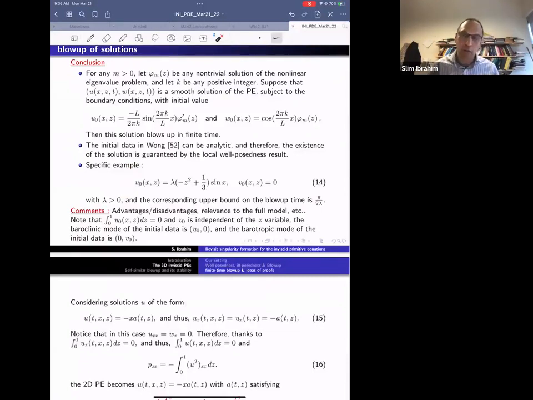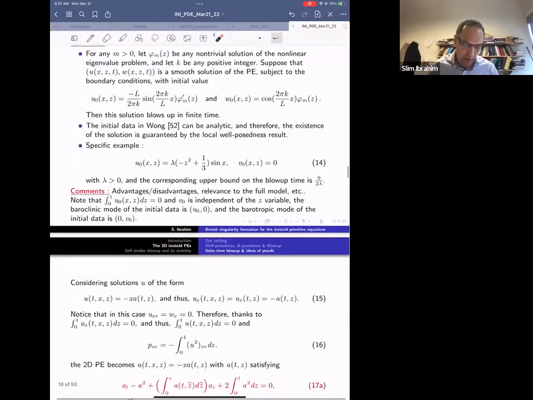Because if you want to look for singularity, you will not look for it in the 2D Euler equation. You will look at the Burgers component. And we didn't know that at that time. I think at least myself, I didn't know that. And by checking, we found out that these results are indeed for the u tilde component.